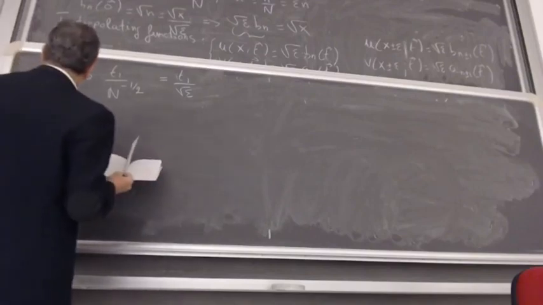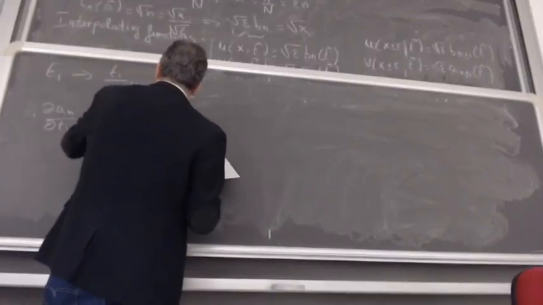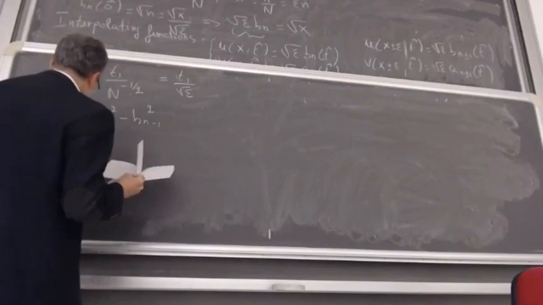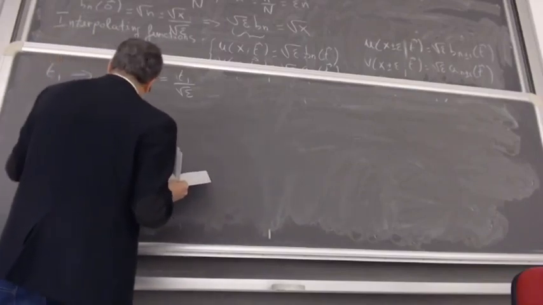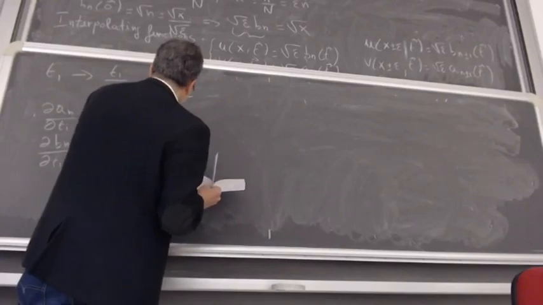So d an by d t1 equals bn squared minus bn minus 1 squared, and d bn by d t1 equals bn over 2 times an plus 1 minus an.